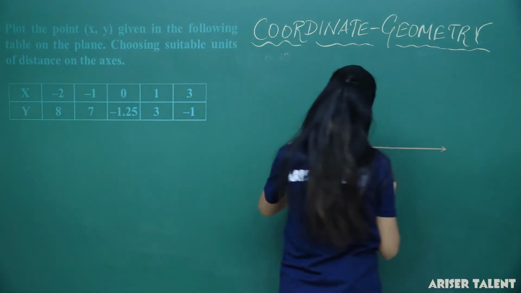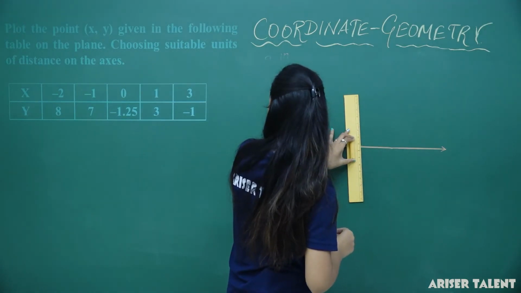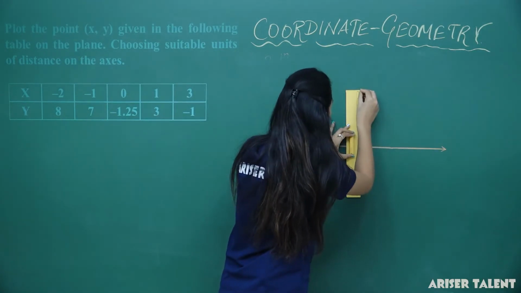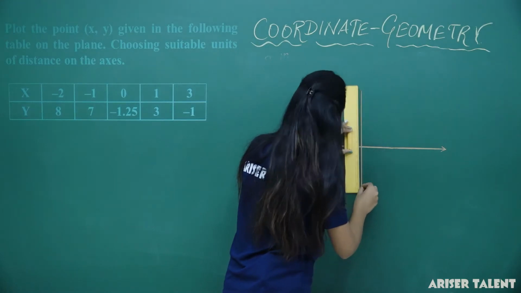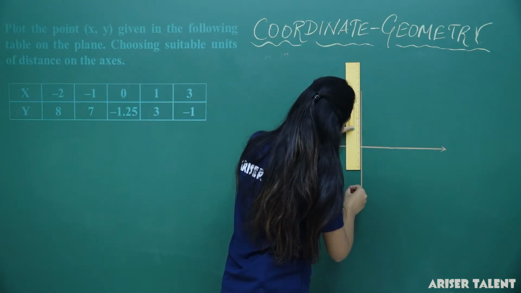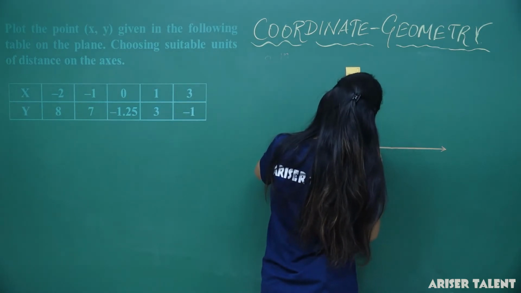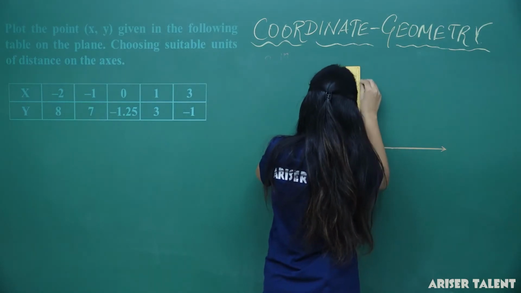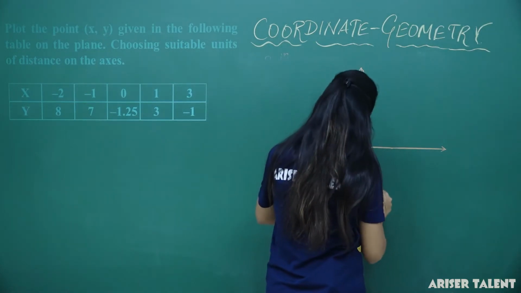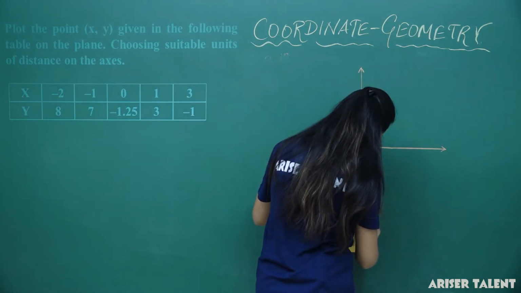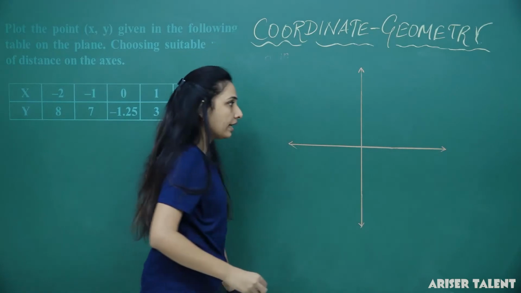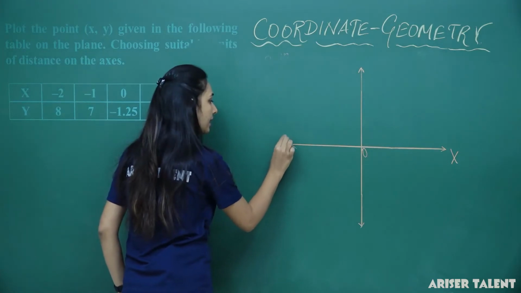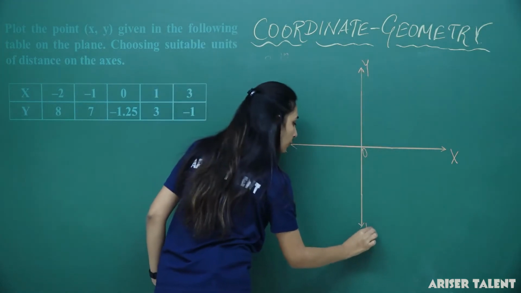So the middle will be this, and from there we will have, let us suppose, 12 here or 11.5 here, right? So 11.5 here and 11.5 downwards. So again this is X'OX and Y'OY.